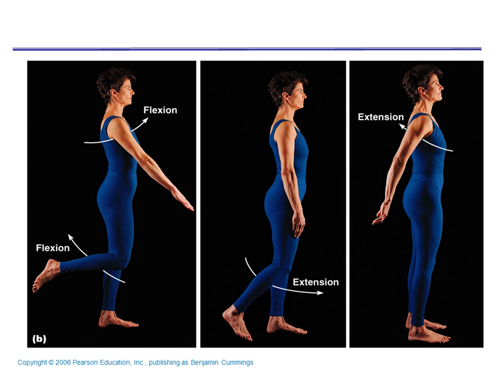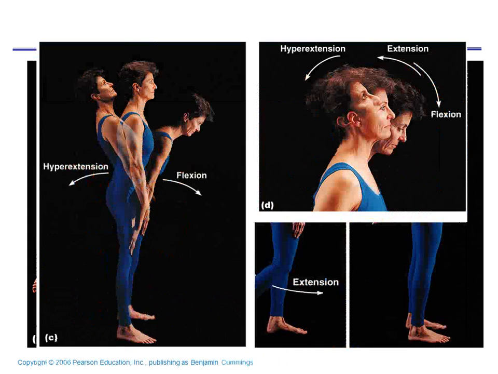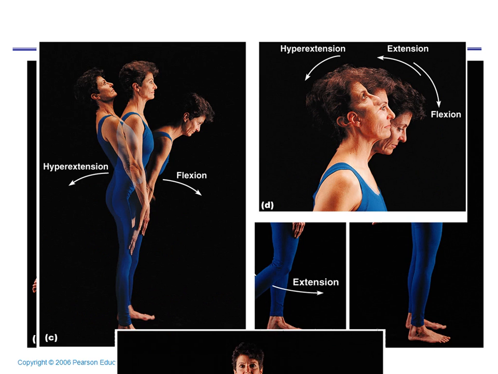Angular includes flexion and extension and hyperextension. Flexion is when you make a smaller angle with the two bones in the joint. Extension is when you make a bigger angle. Hyperextension means to go past the point of the angle. You can flex and extend a tremendous number of articulations. There's hyperextension of the head and the torso.